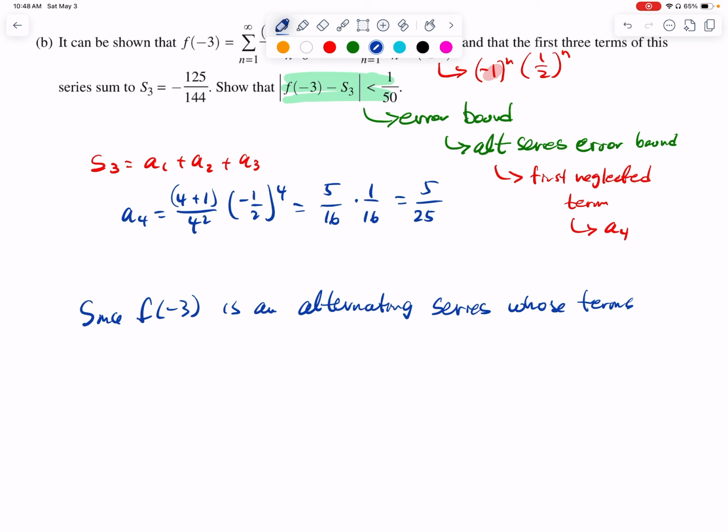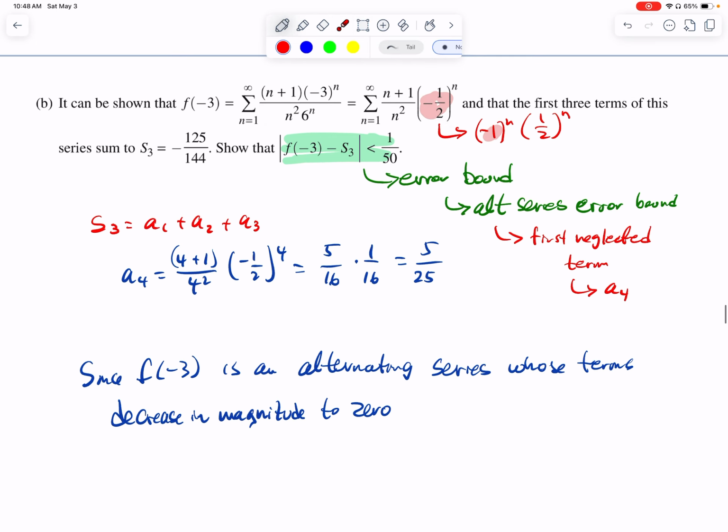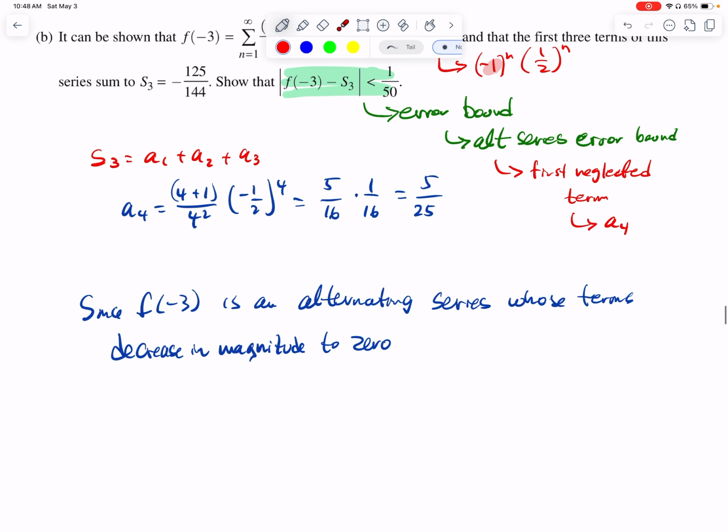Anyway, alternating series whose terms decrease in magnitude to 0. See, you can use the alternating series test to show that's true, but like I just reasoned here, I know that it has to converge, and the only way that an alternating series converges is if the terms actually get smaller and smaller to 0. There you go. And this is the criteria that must be met in order for you to use the alternating series error bound.